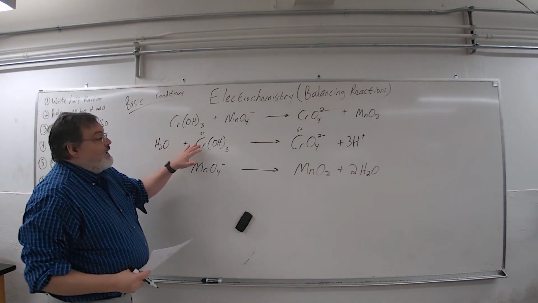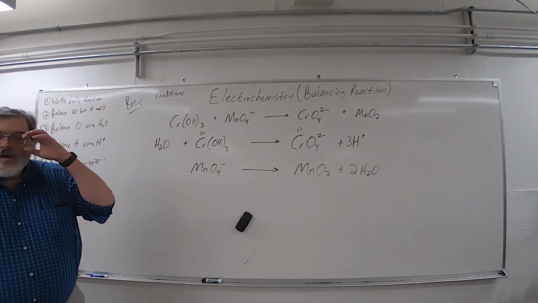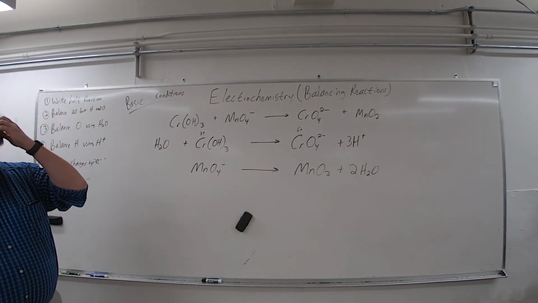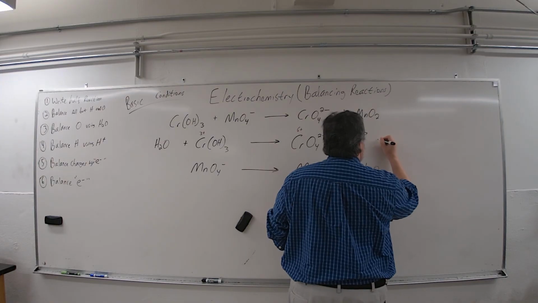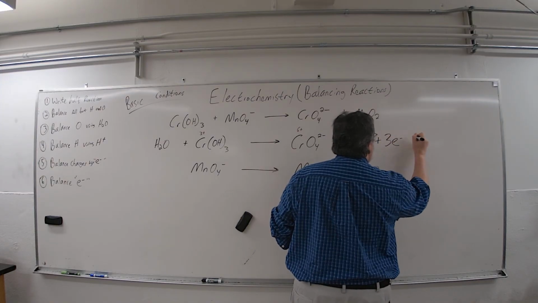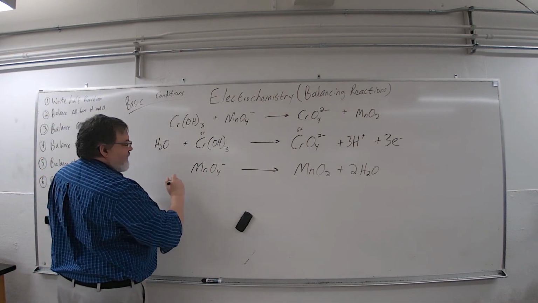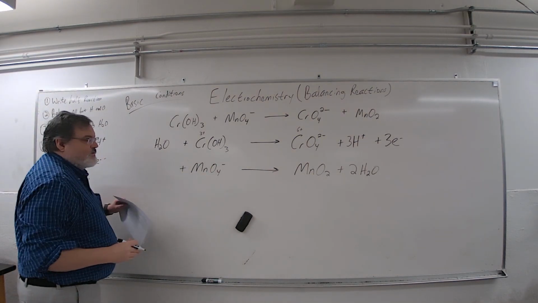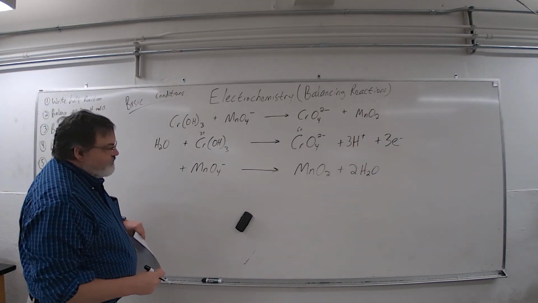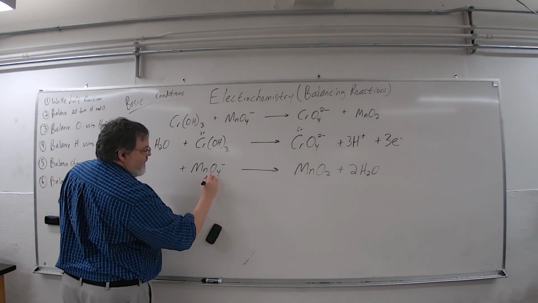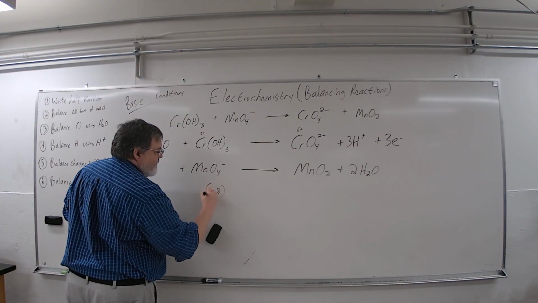So if it's +3 here, and it's +6 here, where do the electrons go? The right side. Yep, and how many of them? 3. Yep. 3 electrons. The electrons go on this side over here. How many electrons do I need here? Well, let's see. 4 -2s for the oxygen, so again, it's a -8.